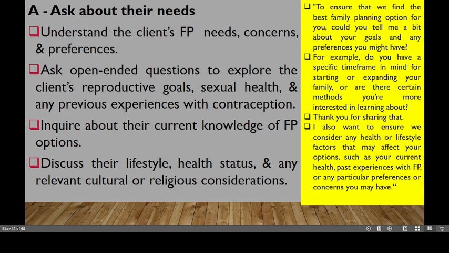Once they have explained or described, you could tell them, thank you for sharing that. I also want to ensure that we consider any health or lifestyle factors that may affect your option, such as your current health, past experiences with FP, or any particular preferences or concerns that you have.